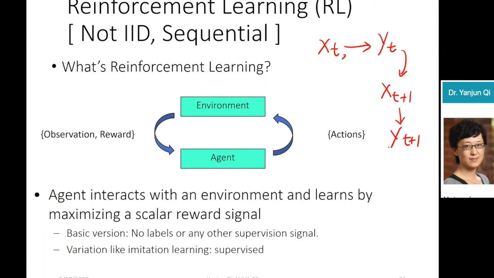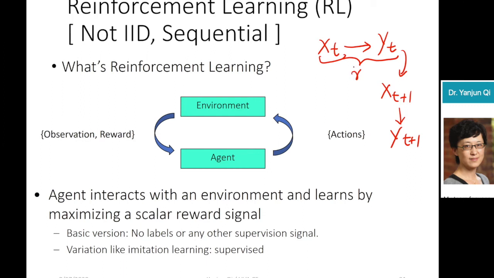So the whole formulation is an agent interacting with an environment, but you are never given an XT-YT pair to train the agent. So that's the classic RL setting. What you only get is the reward when you're doing this XT-YT and projecting what the reward is, like maybe the Q, or maybe that's RT.